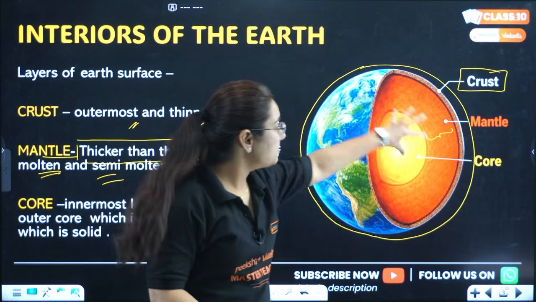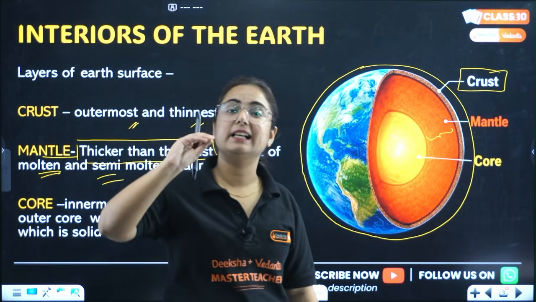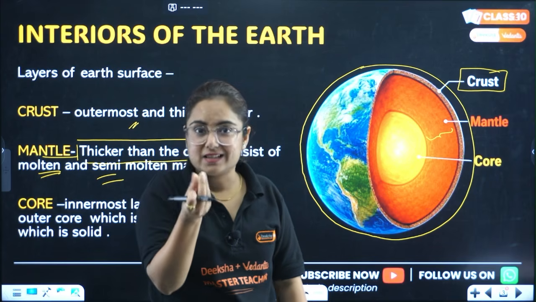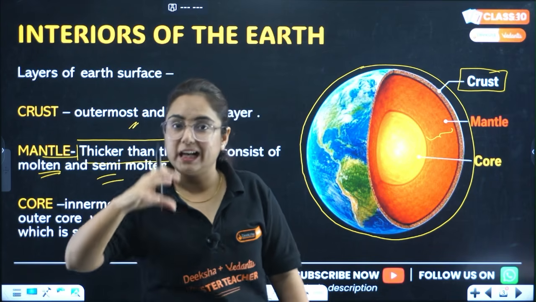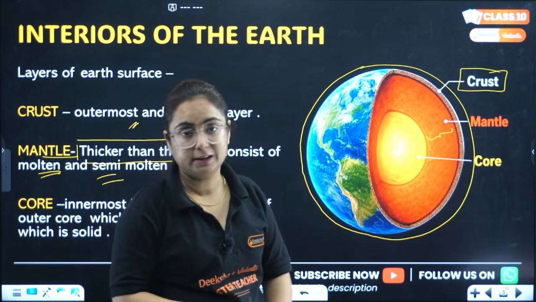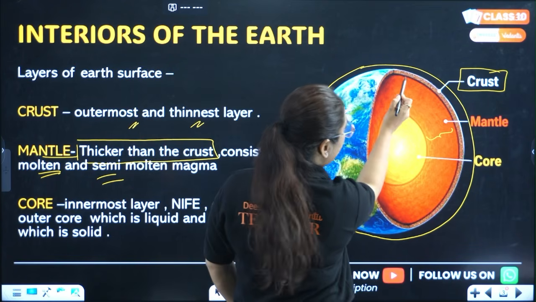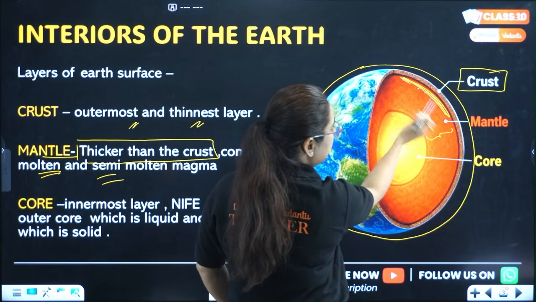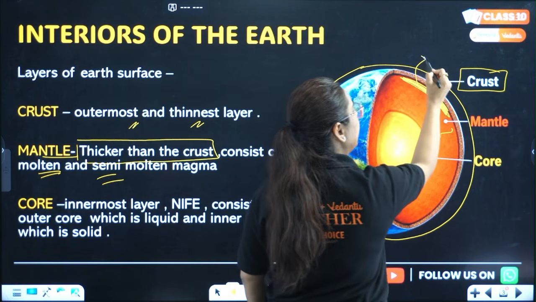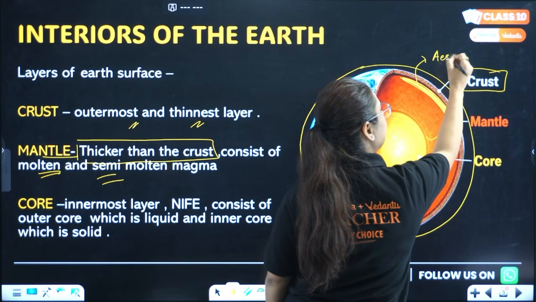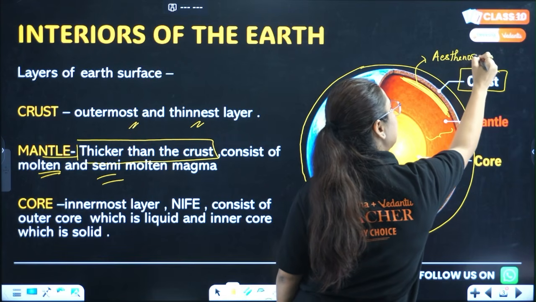So magma is basically the material that is in a plastic-like state, like when we burn plastic, the semi-solid state that we get is particularly found here. And there is one more layer between the crust and mantle, right? This is liquid magma and it is known as the asthenosphere.